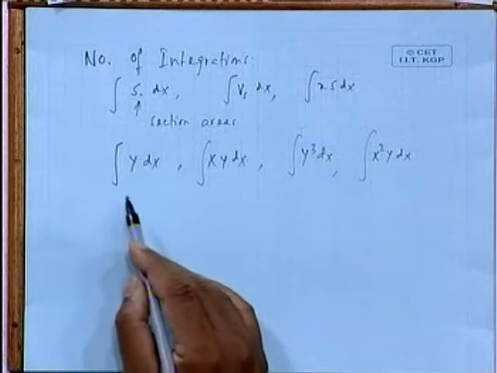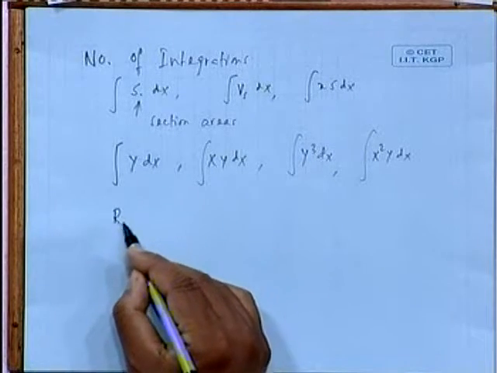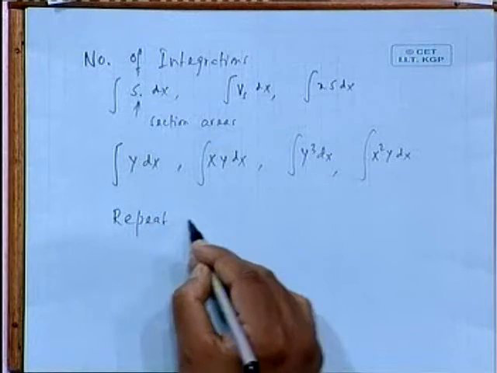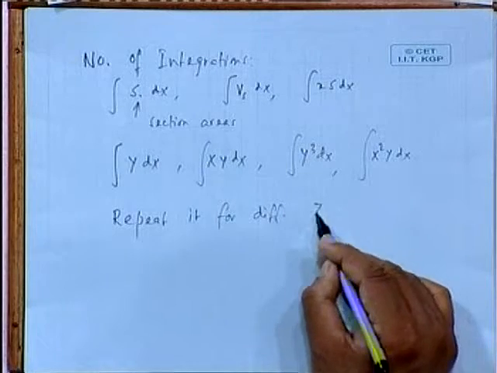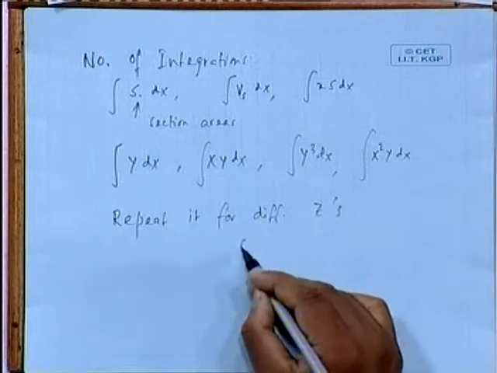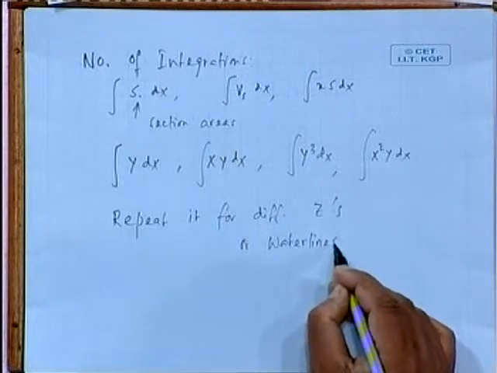So you see, the only thing is that you have to do that for various levels. You have to repeat it for different Z's or waterlines. That's the only thing. And nowadays it is done very systematically in a computer. Everybody does it in a computer, like it's PC based.